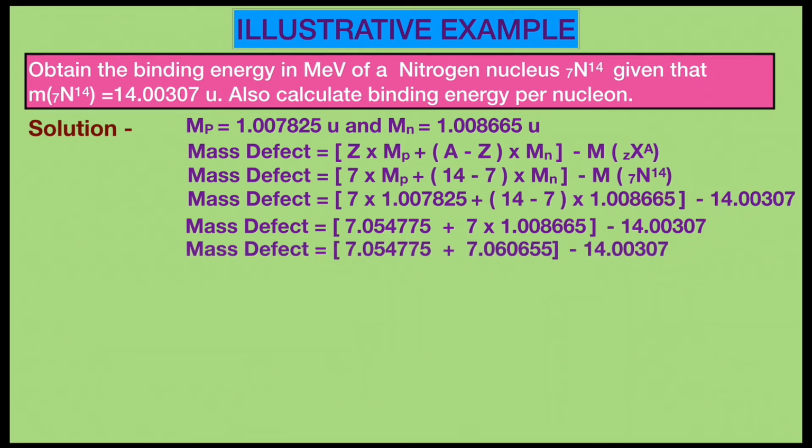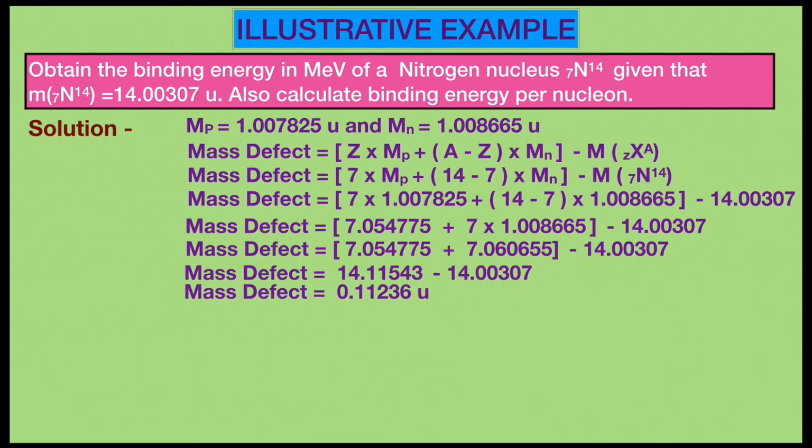After multiplication, we get 7.054775 as it is, and 7.060655. It is the product of 7 into 1.008665. The total of these two, that is the total mass of nucleons, is 14.11543 and 14.00307 as it is.